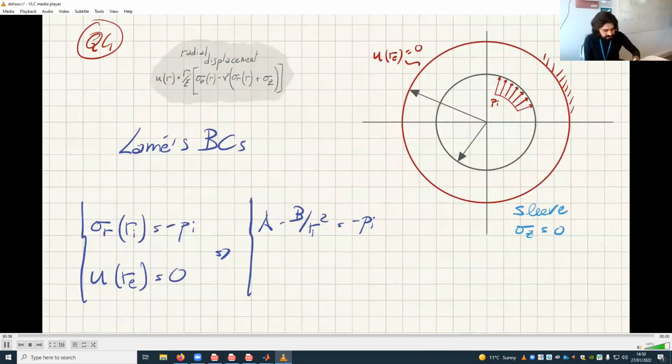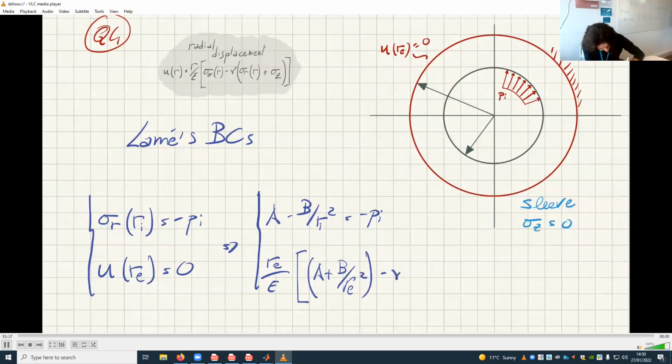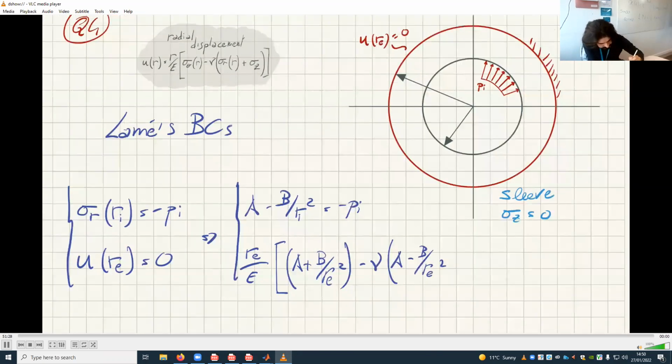And so that gives me re over E times a plus b over re squared, minus nu times a minus b over re squared, plus 0, of course, because sigma z is 0.